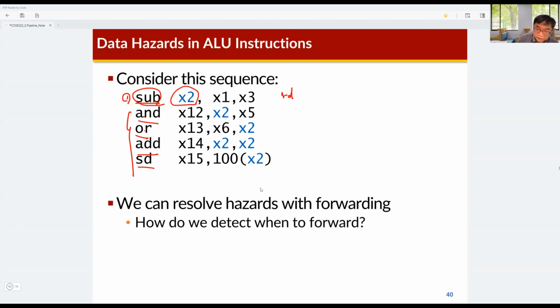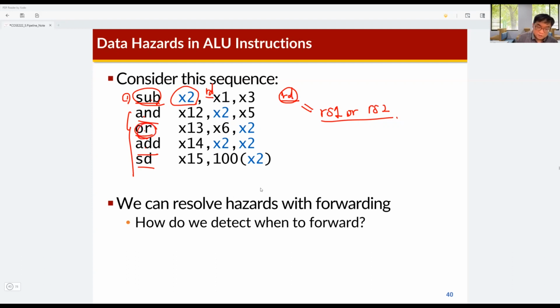This is the RD, the destination register of this former instruction. If the destination register number of the former instruction is equal to one of the source register numbers of the following instruction, then we need to consider data forwarding. Right. So for this example, the RD of the sub instruction is equal to the RS1 of the AND instruction.